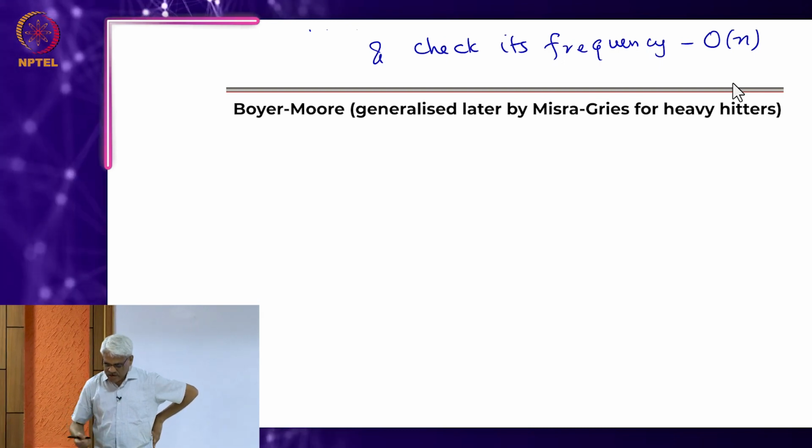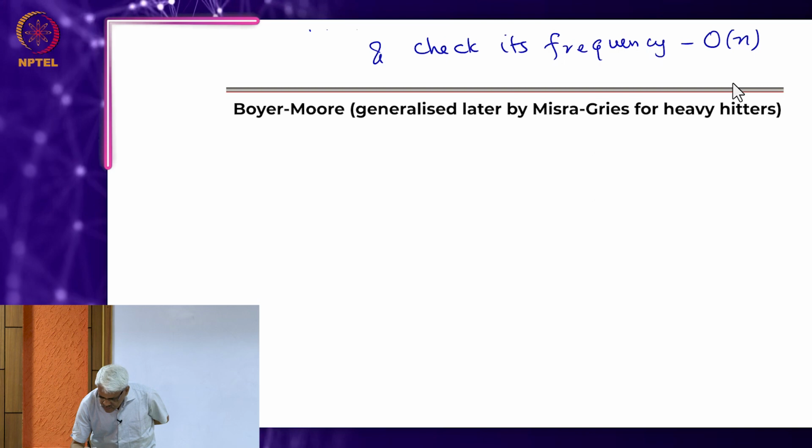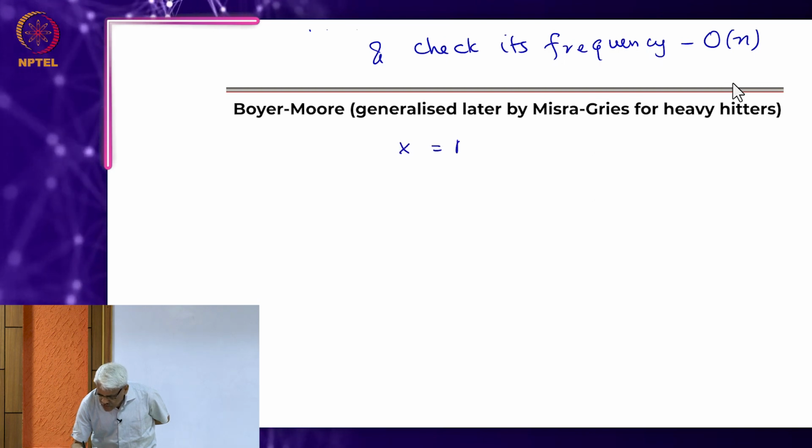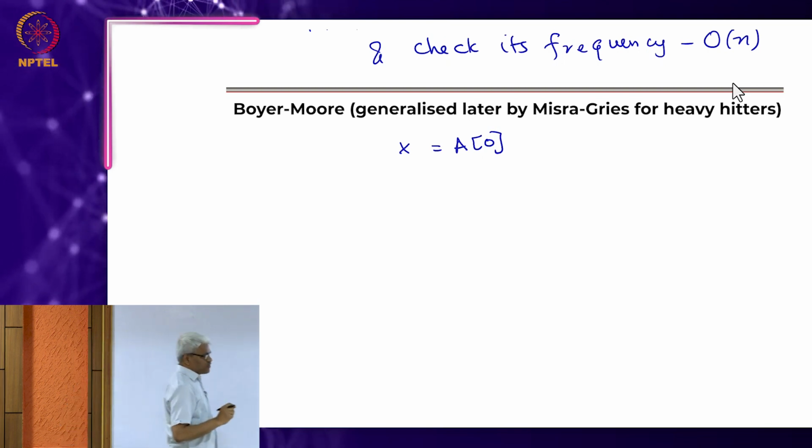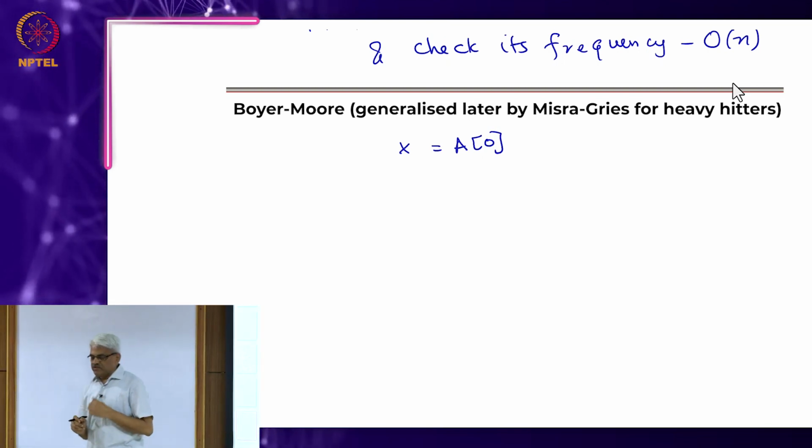Okay, so I'm going to demonstrate it. Let's say x is equal to a0. Remember, your list is given in the form of an array, and I take the first element and store it.